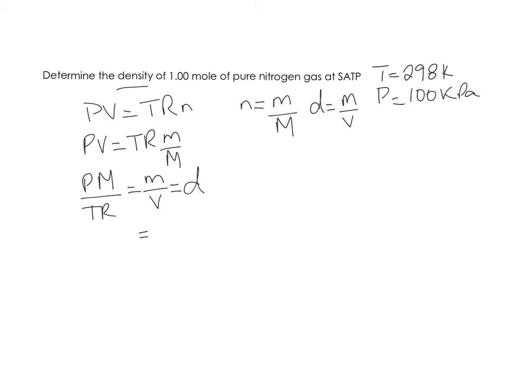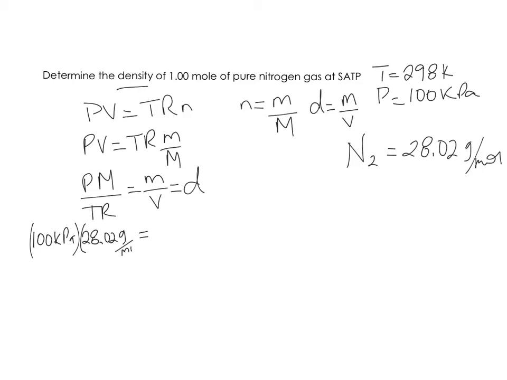So the pressure is 100 kPa. The molar mass of nitrogen gas, N2, is 28.02 grams per mole. And the temperature is 298. And then our R value, 8.314 kPa liter per mole Kelvin.